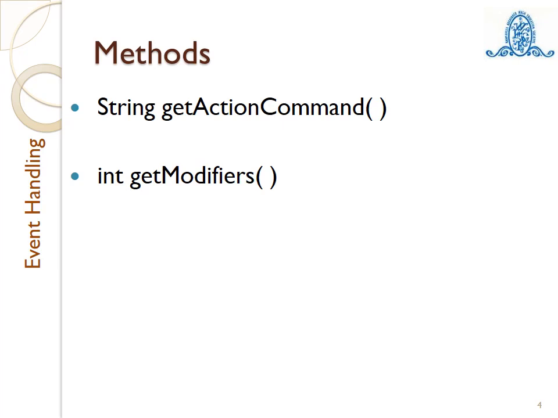It may be a button, a list or a menu item. So it is used to get the label or the string value of the event source. The int getModifiers method returns which modifier key is used when the event is generated.